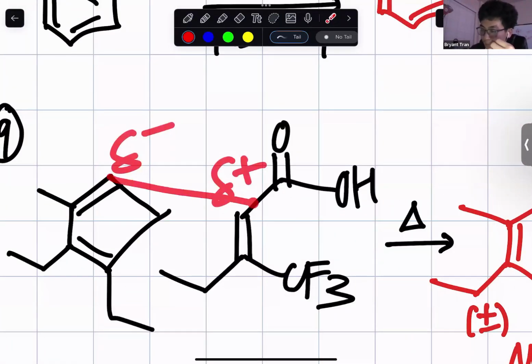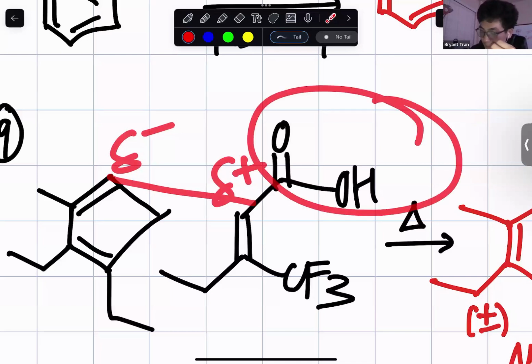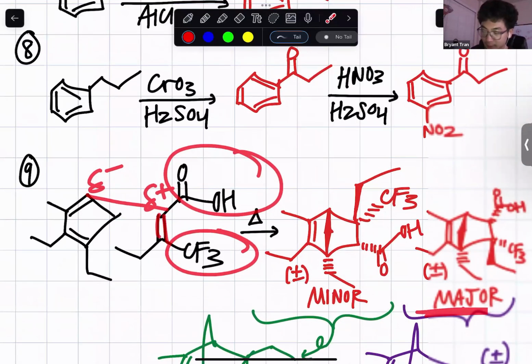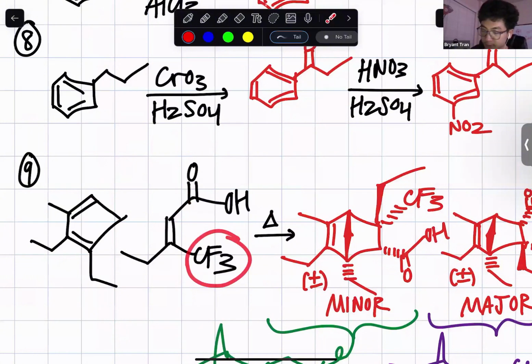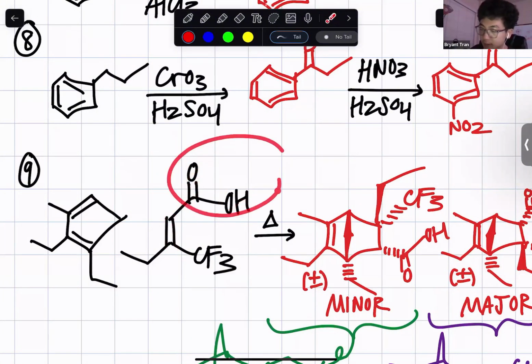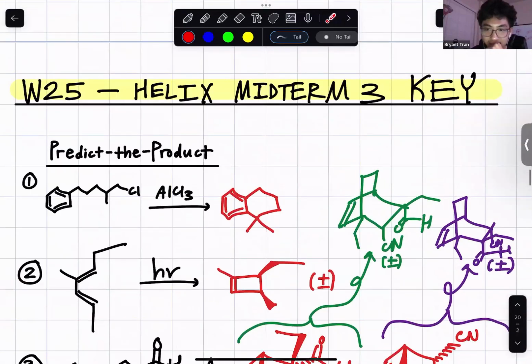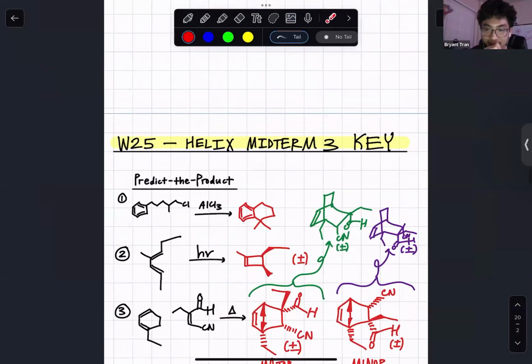They align, right? But this right here, when you compare the strength of EWG on the dienophile, right? That's going to be for more leave-ins in this series, like test. Helix will only give you one EWG on the dienophile for one positive charge. So you won't have to worry about comparing the EWGs on the dienophile like that.